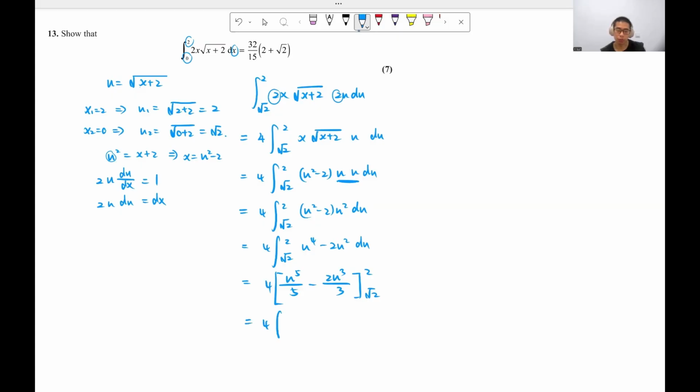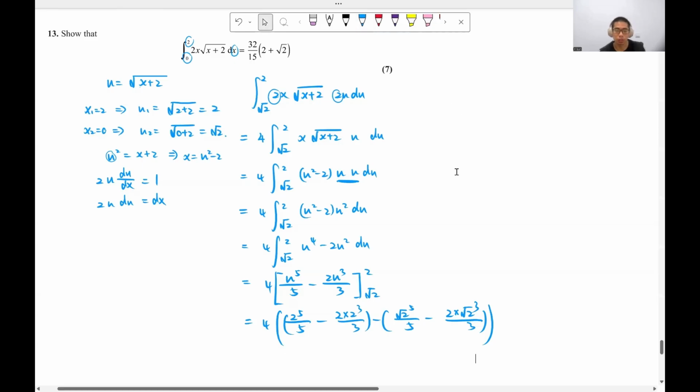Now if we substitute in the limits, that'll be 2 to the power 5 over 5 minus 2 times 2 to the power 3 over 3, and then minus root 2 to the power 5 over 5 minus 2 times root 2 to the power 3 over 3. If we put everything in the calculator, it won't simplify into the form we want, so let's do it step by step.